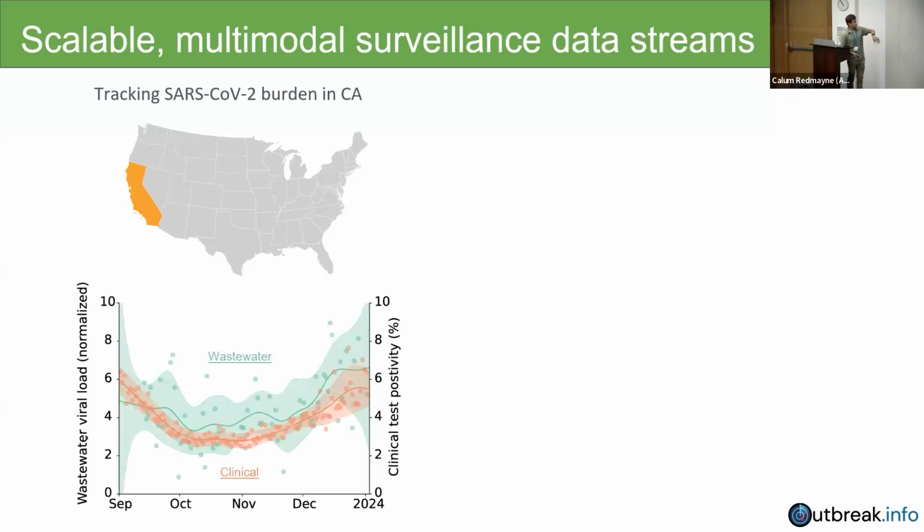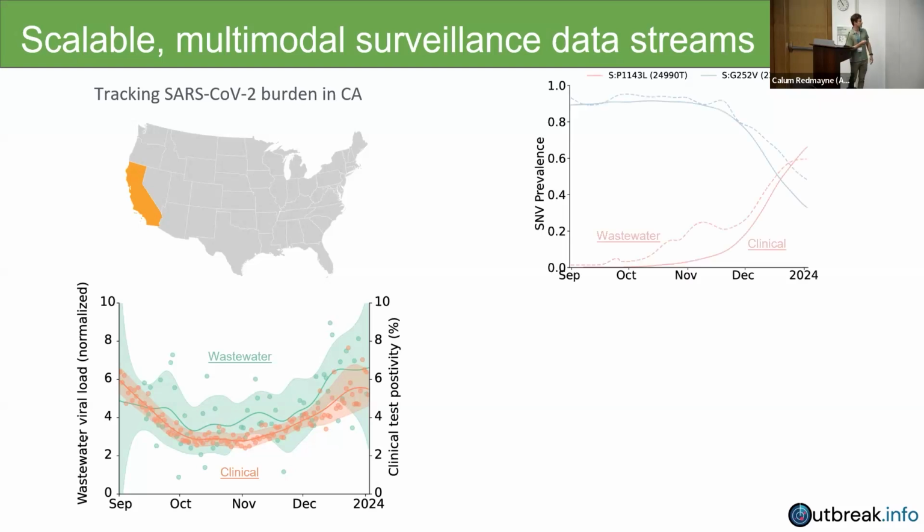We are able to pick up both these viral loads from wastewater and clinical pictures, where you can see these two are very highly correlated. Again, you can't totally see, but the clinical curve is nicely correlated here with the wastewater curve. And we can aggregate across the state to pull in all of these different wastewater plants and all of the clinical data across the state.